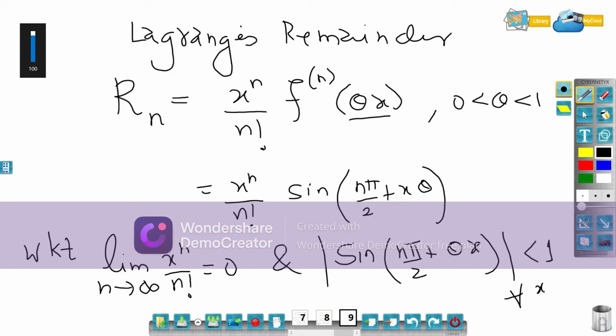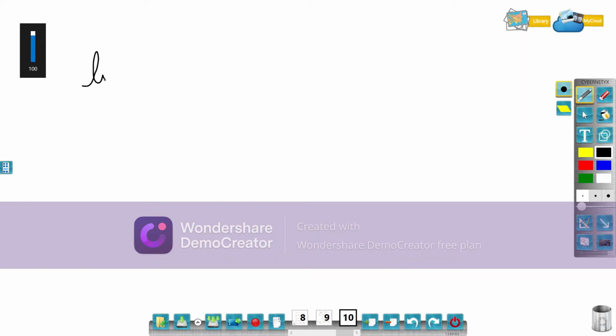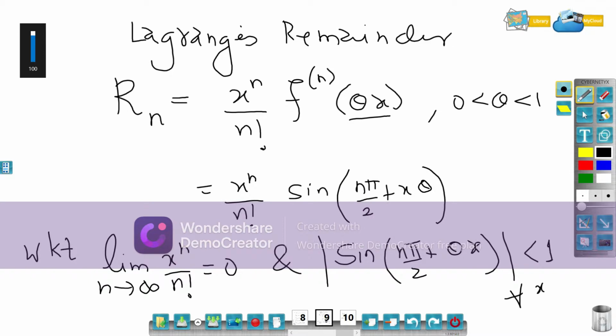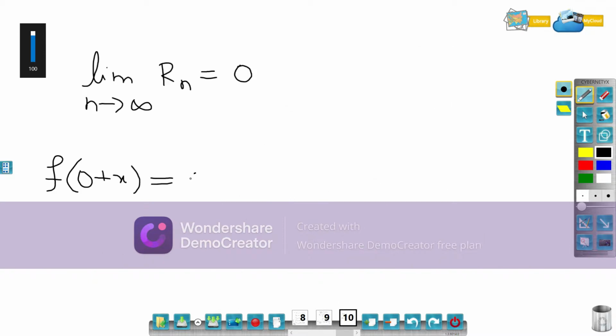So at the end you can conclude that the limit of Rn is equal to 0. So hence limit as n goes to infinity of Rn is equal to 0. So if I substitute all these terms in the Taylor series expansion, then I will have f of 0 plus x is equal to f of 0. F of 0 means sine 0. Sine 0 is 0.